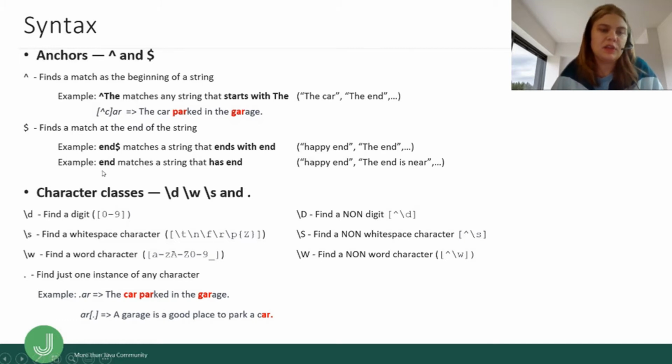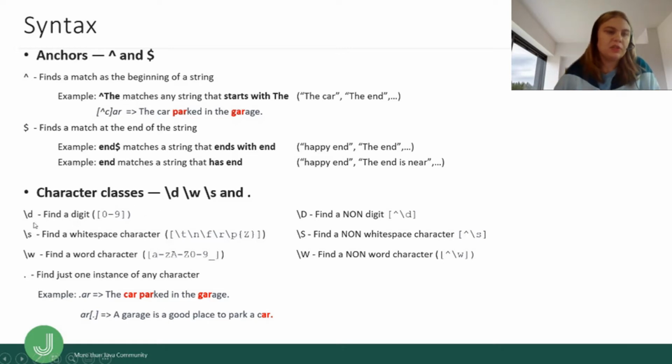And here you can see the example: if we don't have a $ sign or this caret symbol in the string, it will match every string that has end. For example, here we have it at the end, here we have it in the middle, and it will match.